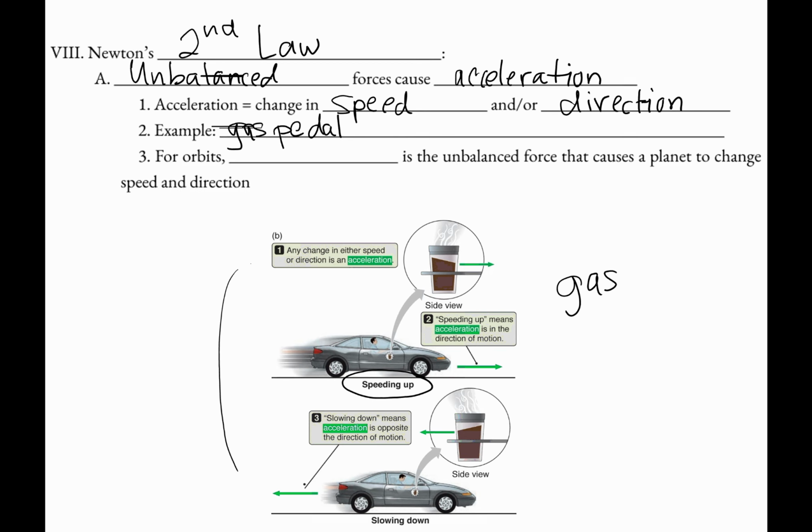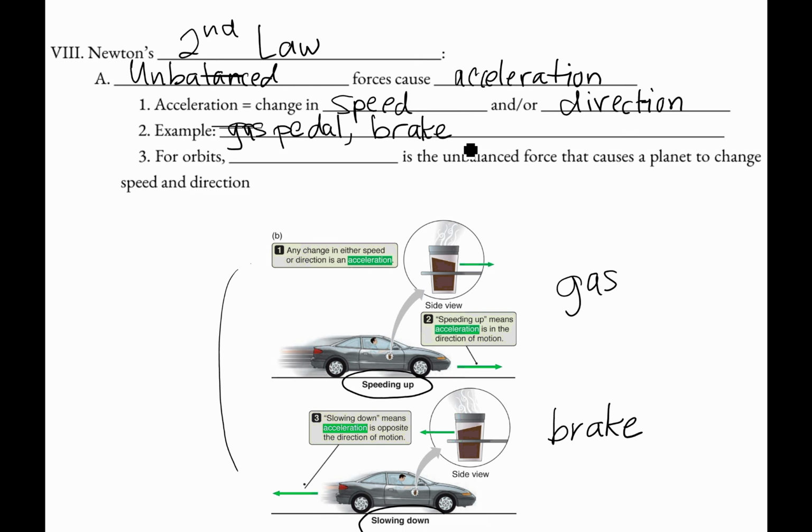But as physicists, astronomers, we have to think about slowing down is also acceleration. So if you apply the brake pedal in your car, you are also accelerating because you are changing your speed. Doesn't say you have to be speeding up, just says you're changing your speed. So the gas pedal and the brake are both accelerators in your car.